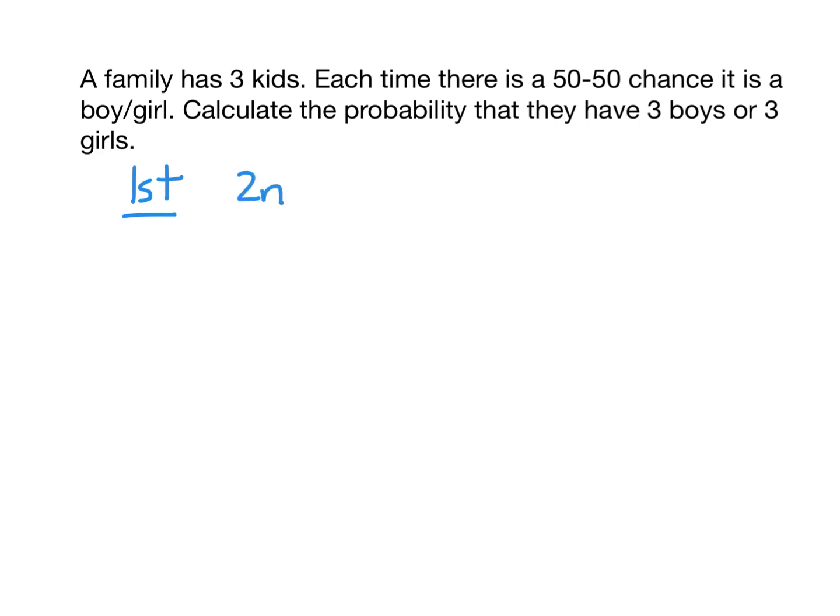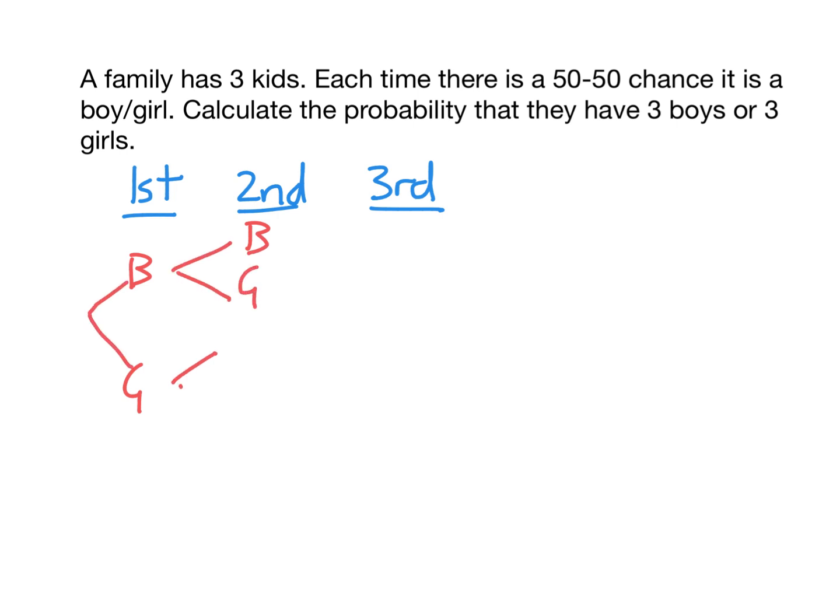This event occurs in 3 stages because you're having 3 kids. And each time you have a kid, there are multiple possibilities. You can have boy or girl, and then the second one, you can have boy or girl. It's called a tree diagram because it branches off like this. Now, if you get a boy second go round, you can still have boy or girl third go round.